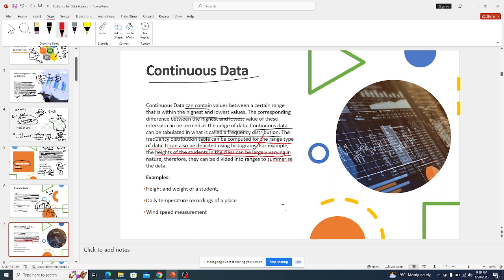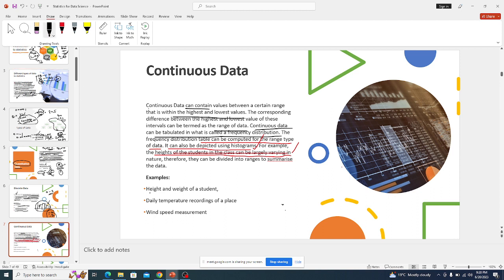For age, let's keep it as discrete, but as well we can also make age a continuous data, like when you are 2 years and 3 months old. Okay, yes. All right, now we have some examples.